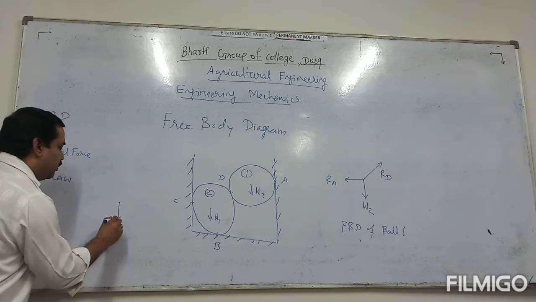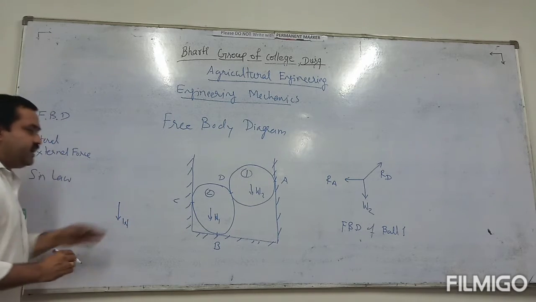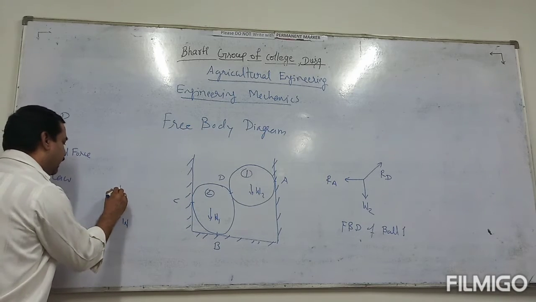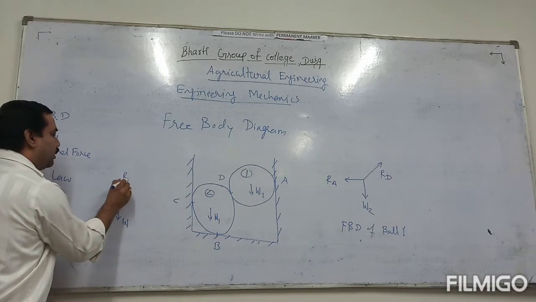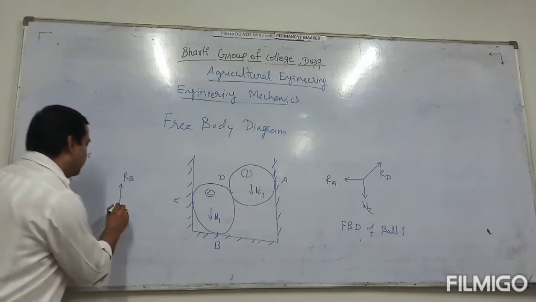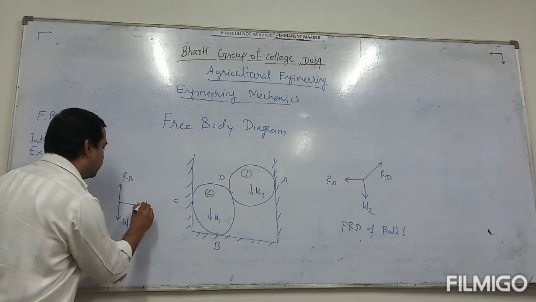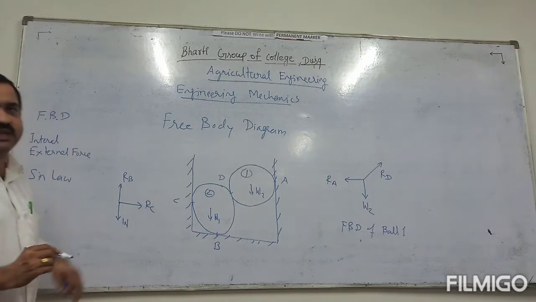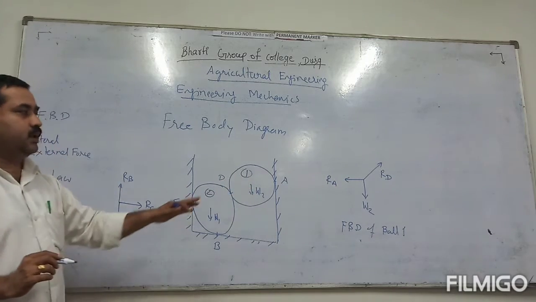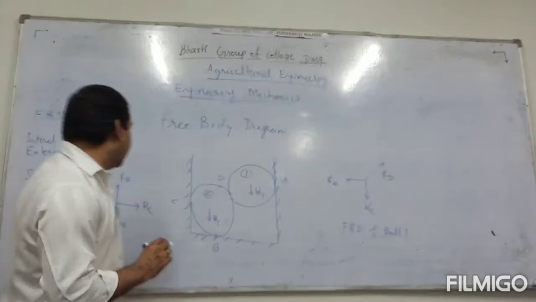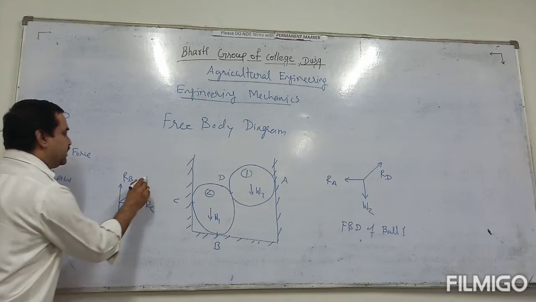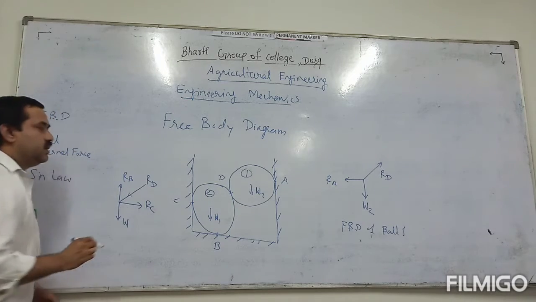Now if we want to make the free body diagram of ball 2, that is also very easy. Here the weight W2 acts downward, the reaction RB acts upward, and the reaction RC acts from this side. The reaction of ball 1 is opposite to RD, so here it is in the opposite direction, RD.